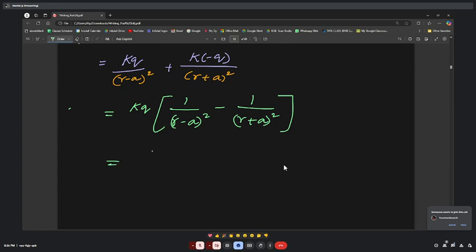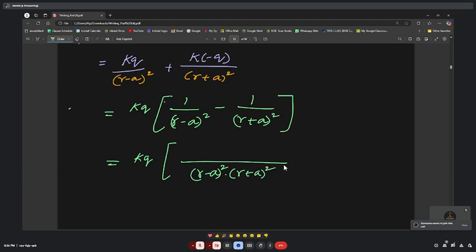So simplifying it, let's take the LCM and go for the simplification. So KQ, in the denominator you have (R minus A) the whole squared, times (R plus A) the whole squared, and the numerator terms we will write. Here on the numerator you have R squared, I am expanding and writing, plus A squared plus 2RA.